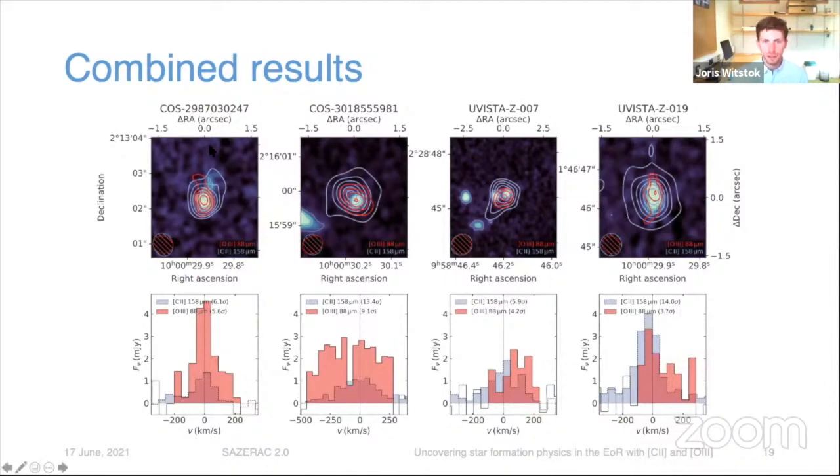But we do also have the initial low resolution C2. And then for these sources, we have slightly higher O3 resolution, which may resolve out some of the emission. But there's not a lot of evidence for that because we do see it's quite clustered on top of the rest from UV.